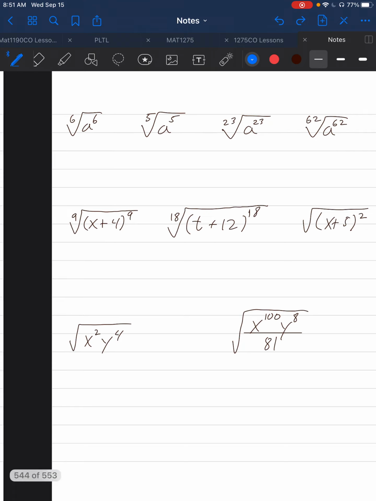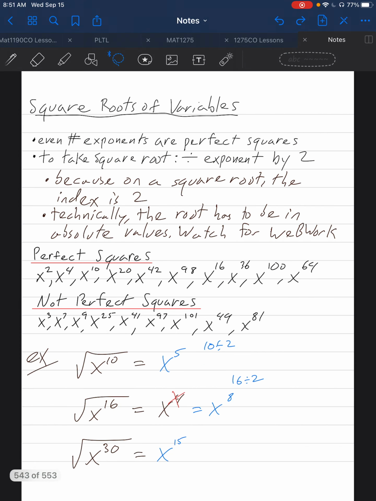So one thing that I kind of glossed over here is that technically the root of a variable has to be written in absolute values. So as long as you are taking an even index, usually the square root, which means it's even, that means that your answer that comes out has to be a positive value.